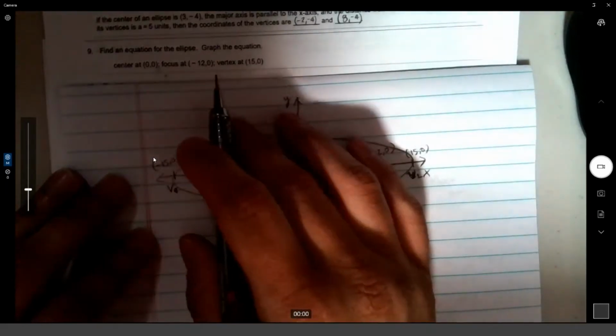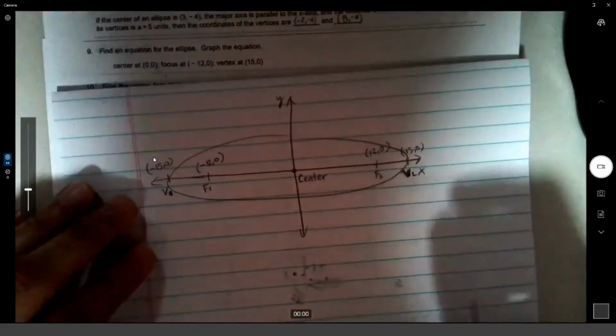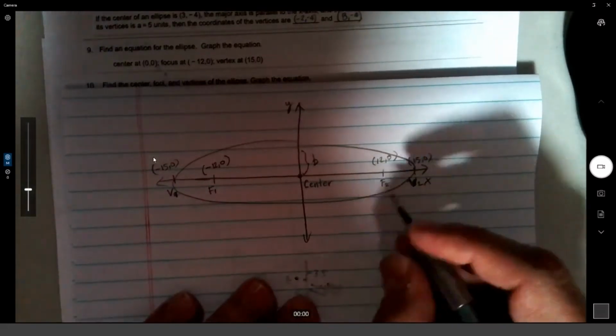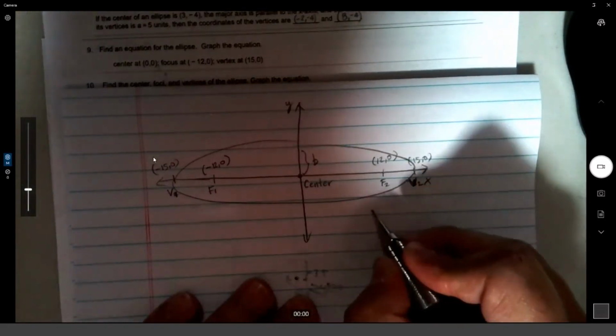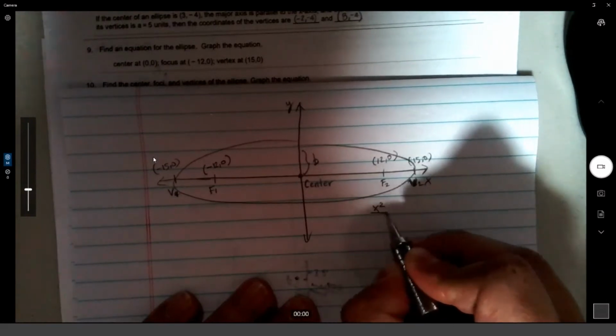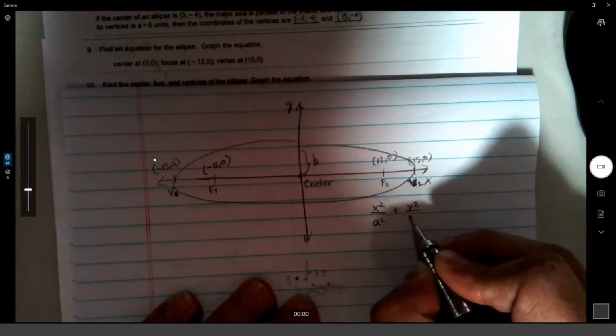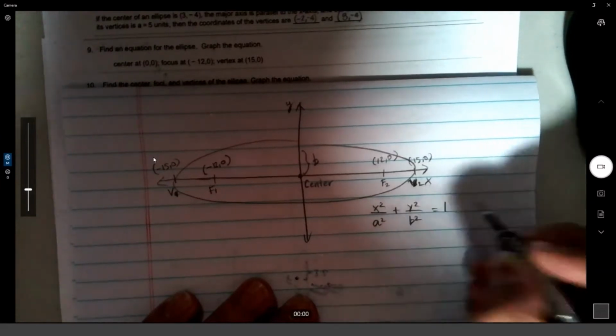What do we need to do? We need to find the equation. Okay. So we need to find this distance called b, or that width b. So since it is laying on its side, it will be of the form x squared over a squared plus y squared over b squared is equal to 1.